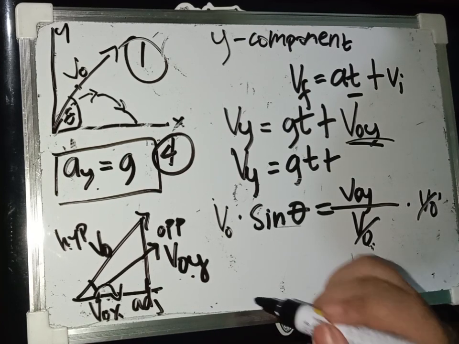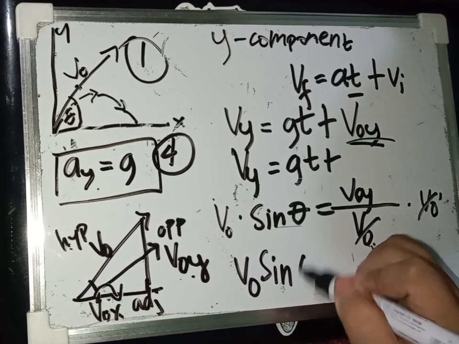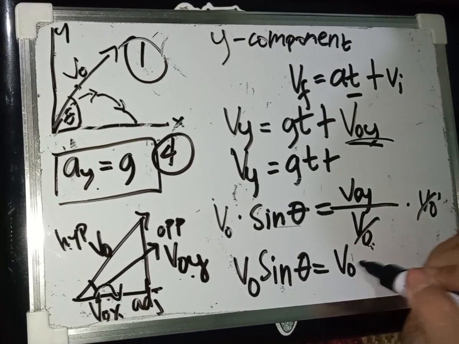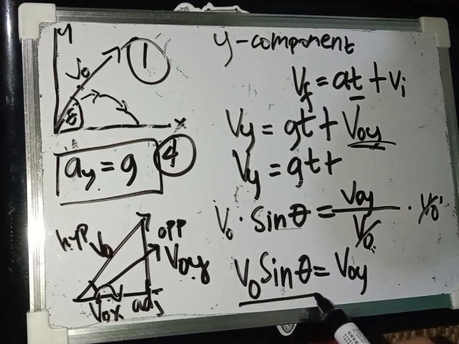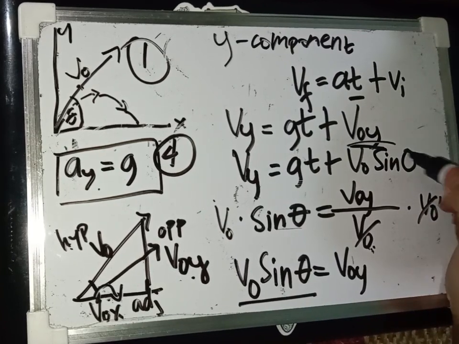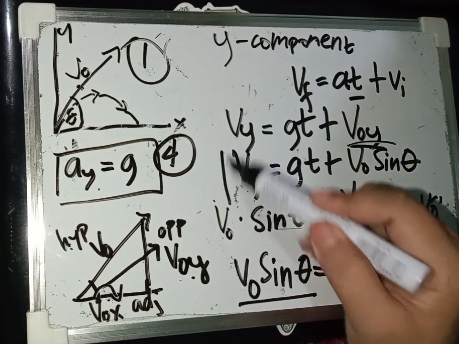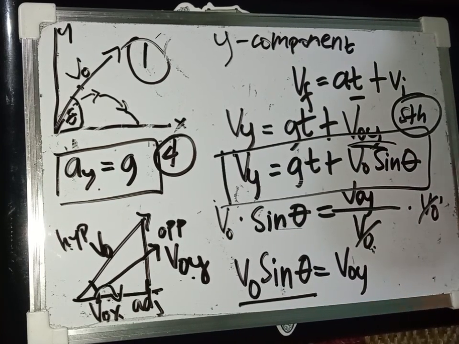You will be left with v naught sine theta is equivalent to v naught of y. So therefore, the value of the v naught of y is this one, v naught sine theta. This is the fifth equation, for the velocity at the y component.